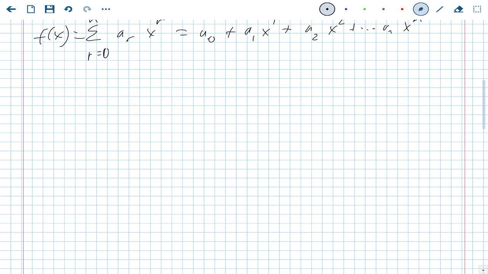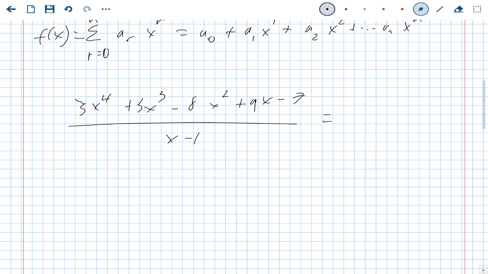Just like normal long division, polynomials can be divided. So for example, if you have a polynomial 3x to the fourth plus 3x cubed minus 8x squared plus 9x minus 7, this can be divided by x minus 1 to get you 3x cubed plus 6x squared minus 2x plus 7.